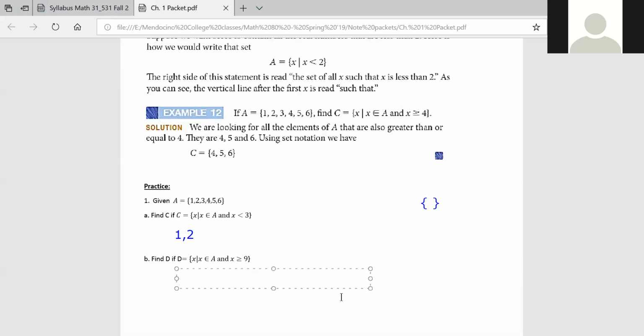A number that's greater than or equal to 9, and that is an element of A. Right. And so like nothing. Exactly. So you can use either the symbol that I have here or that other one that looked like a 0 with a slash through it. Okay. Oh my gosh, this is so helpful. Okay. Yeah. That makes sense.